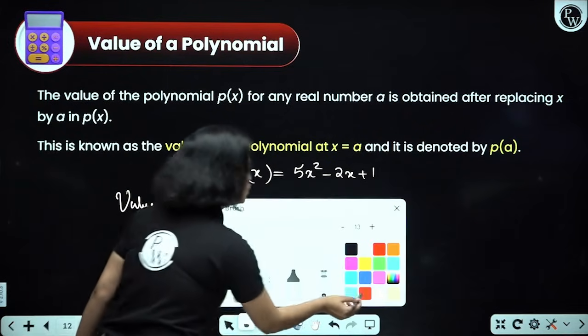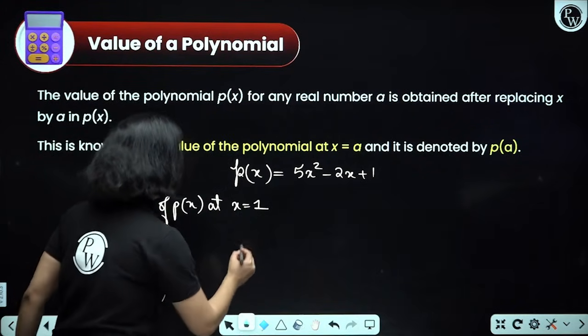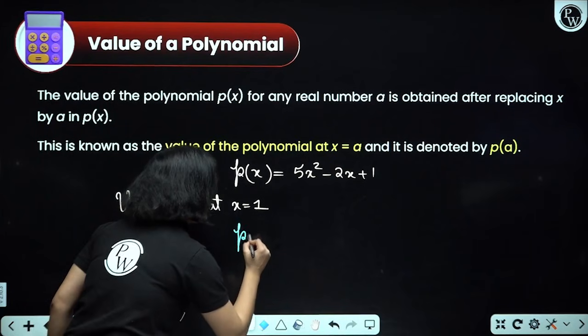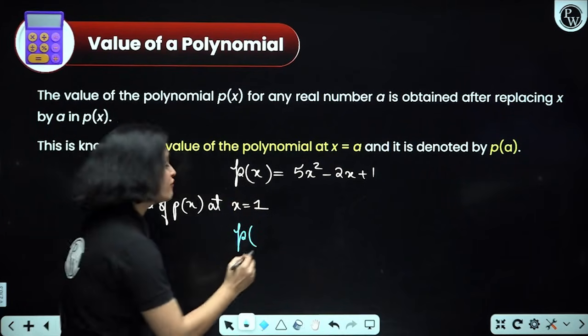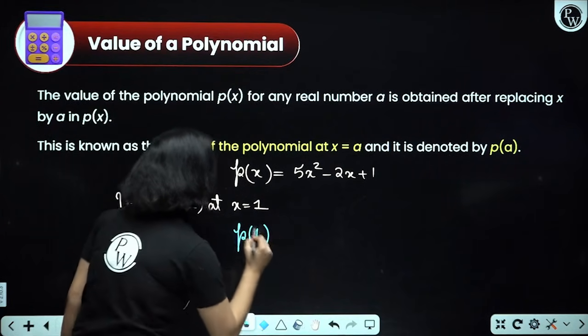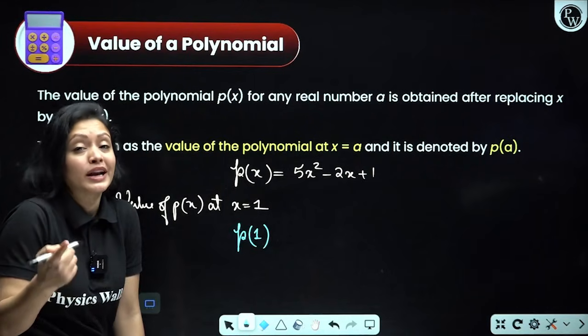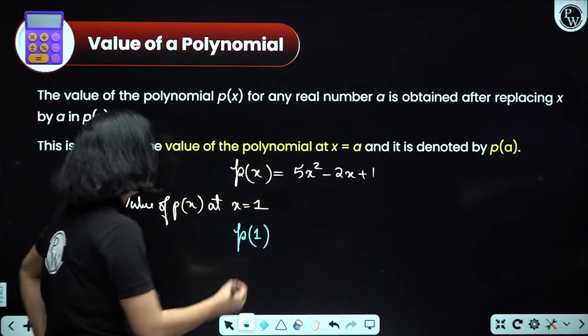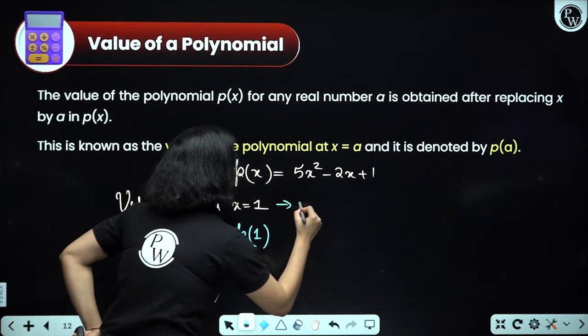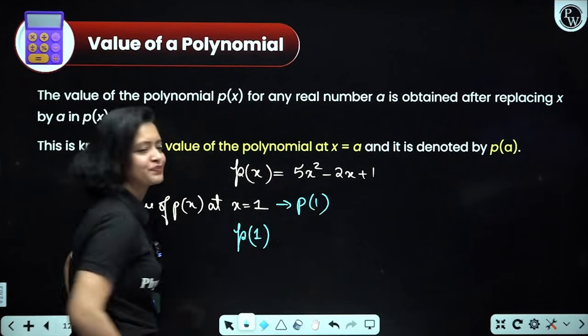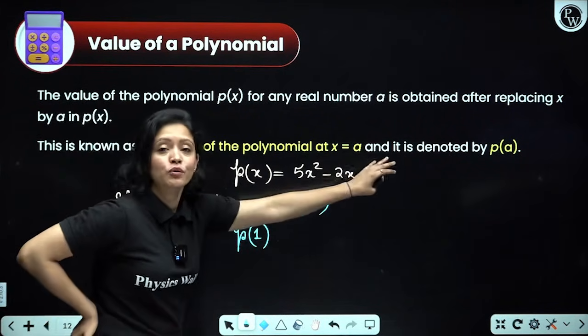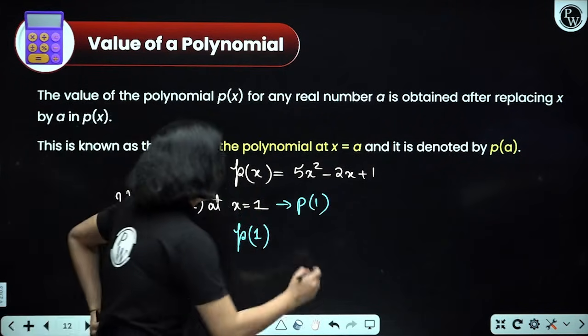So what you have to do in such a scenario, you have to do nothing. You have to take the same polynomial p(x), and in place of x, you are going to replace 1. You are going to replace x with 1, right? So this basically means you have to find p(1). So in the polynomial p(x), replace x with 1. So what do you get, everyone?